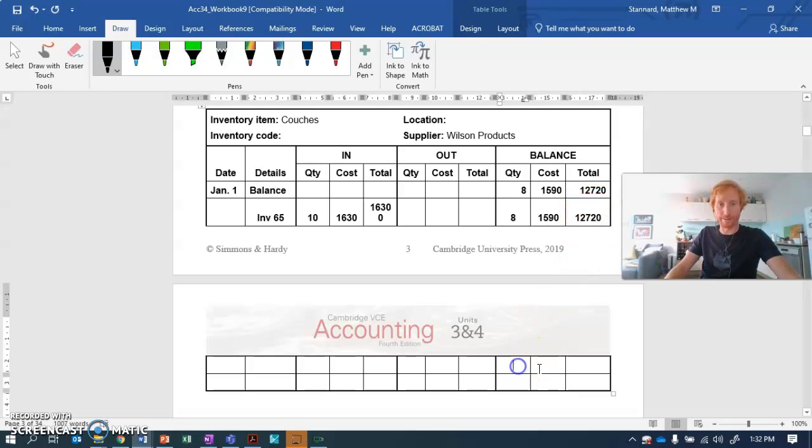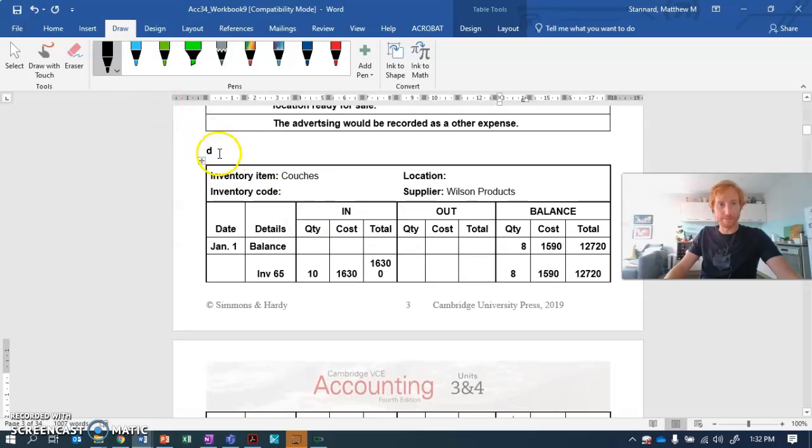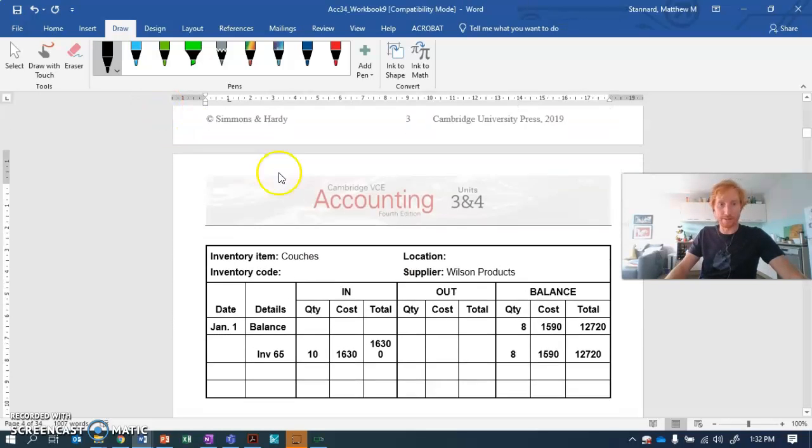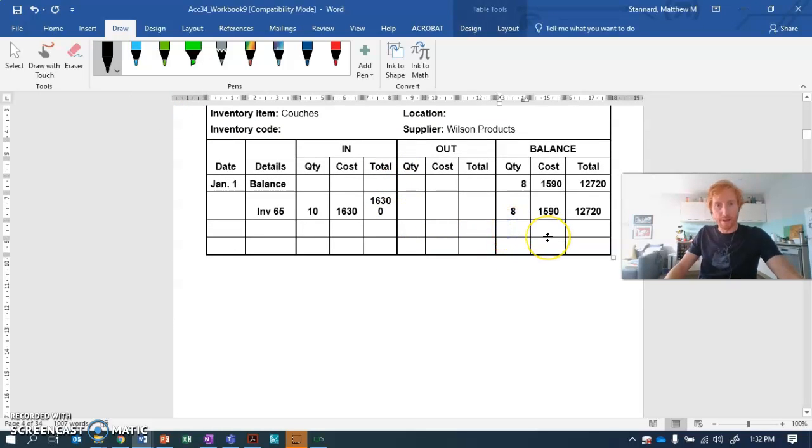Then on the next day, we also have 10 units at $1,630, which is 16,300.